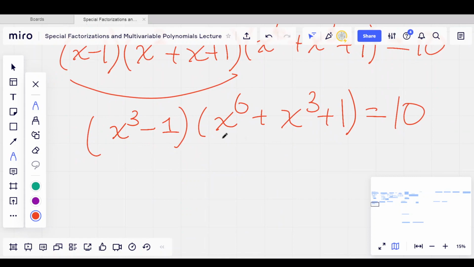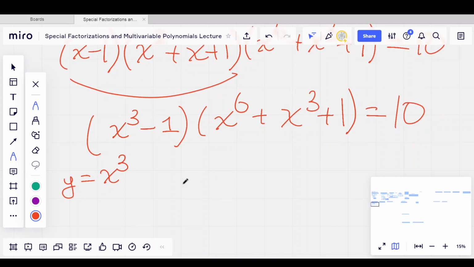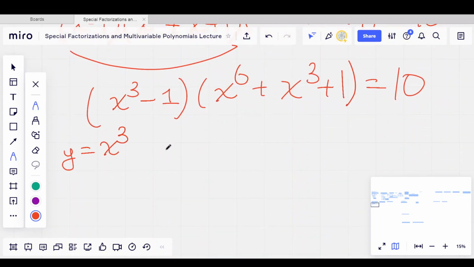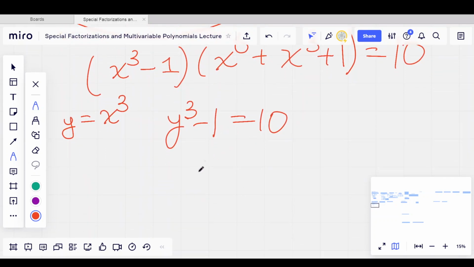So now you just identify, let y equals x cubed, and then you have the same thing as before. So it's just y cubed minus 1 equals 10, and then just substitute it back. So x to the 9th minus 1 equals 10.